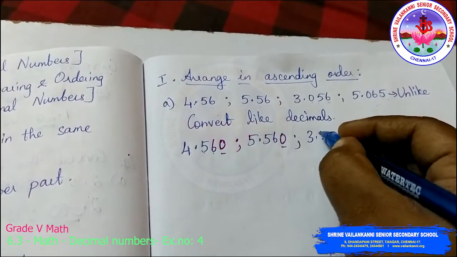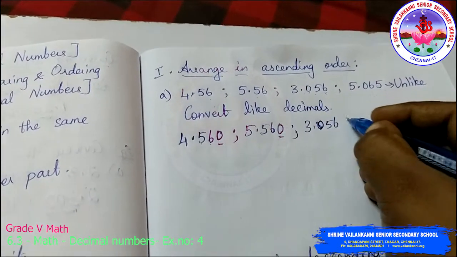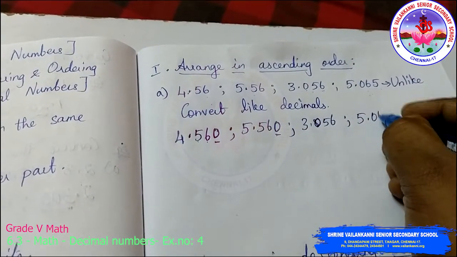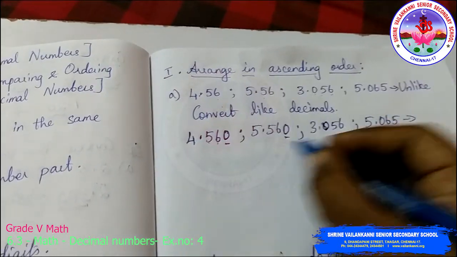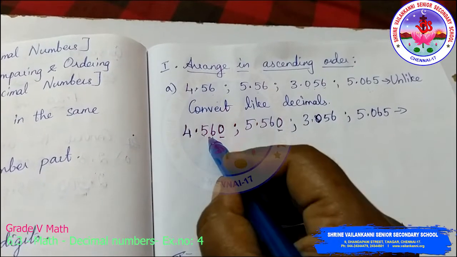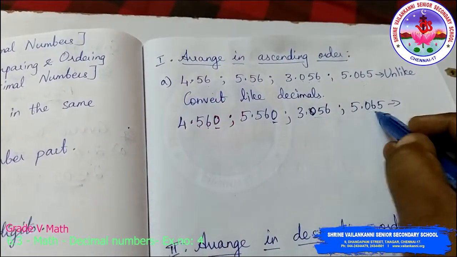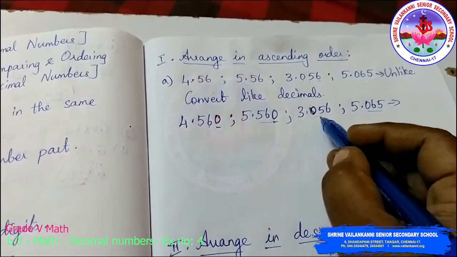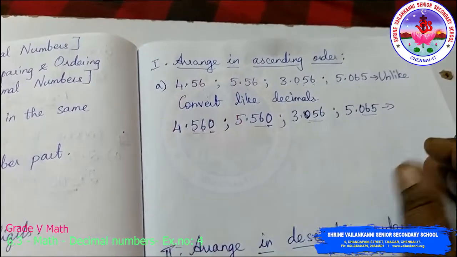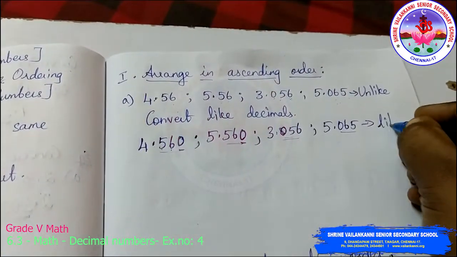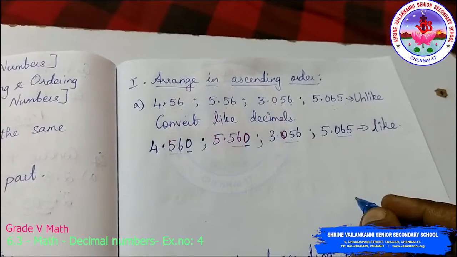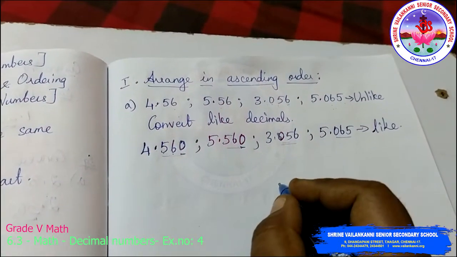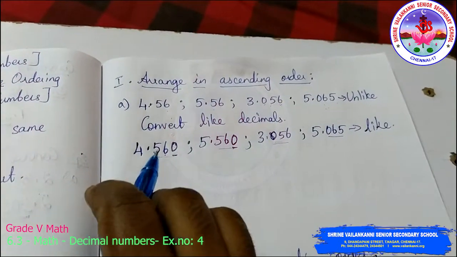Next, as usual, I am writing whatever is there in the question. Now if you check, after the decimal all the numbers have 3 places. Can you see? Now this has become like decimal numbers.